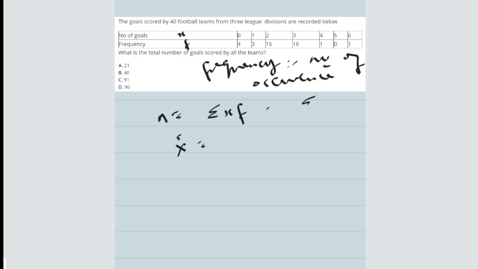If it is on ungrouped data, it's just summation x divided by n. But when it is grouped data, what are you going to use? Summation xf divided by summation f. And your summation f here is the same thing as what? Frequency. That is the n. I hope you understand.